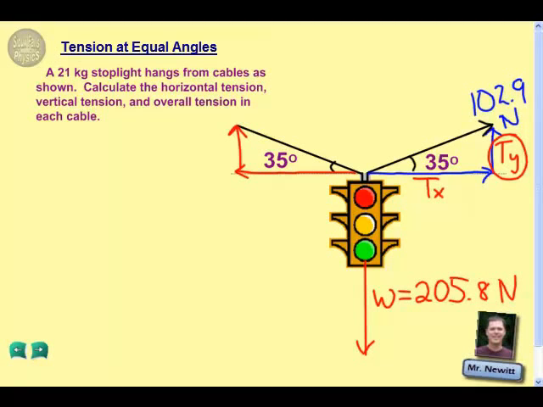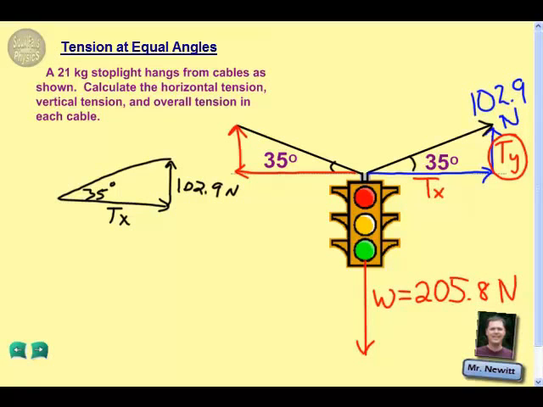Okay, next we're going to try to figure out what the horizontal tension would be. So knowing our vertical tension, I'm going to redraw this triangle here that we have. We know our angle is 35 degrees. We now know the vertical component of tension to be 102.9. We now want to find the horizontal tension.